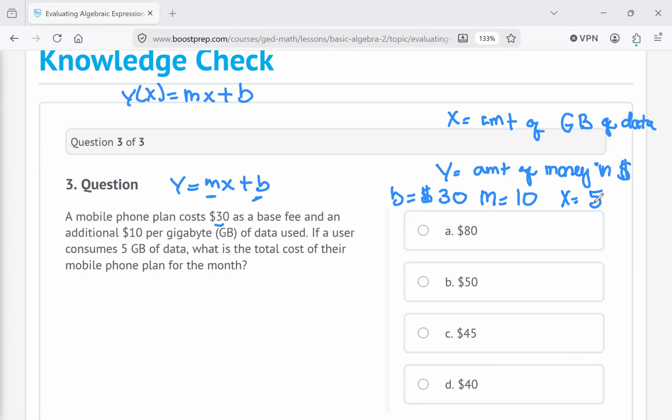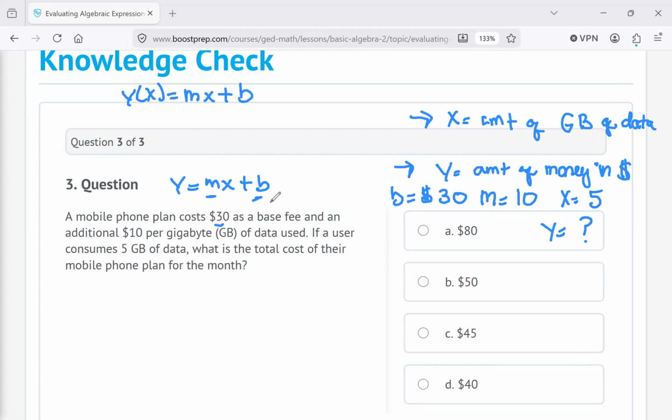Now you tell me, are they asking for an input, the X value, the amount of gigabytes, or an output, the amount of dollars? The last sentence says, what is the total cost of their mobile plan per month? So that's a big clue. We have to figure out a Y value, or an output, right? Good.